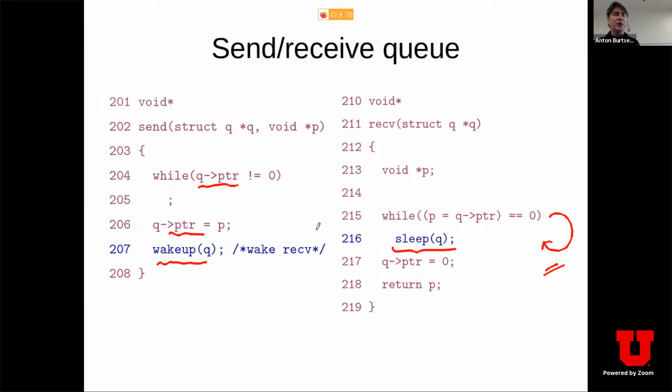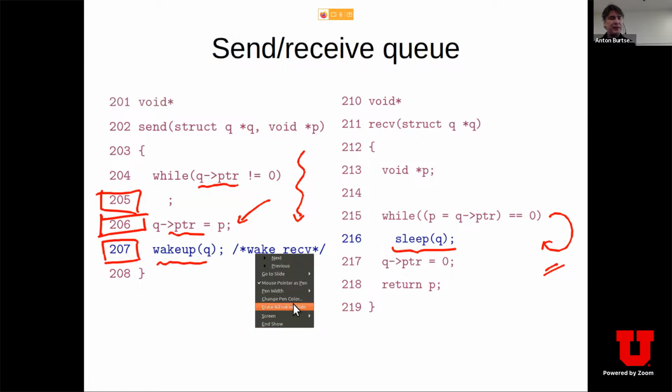Correct. What your classmate is saying is, imagine this guy got to line 2005, right before 2006, so this hasn't happened yet.